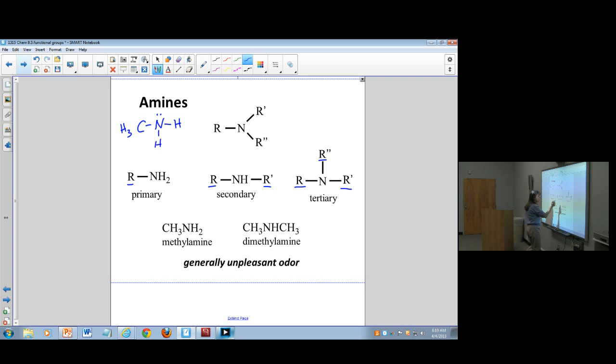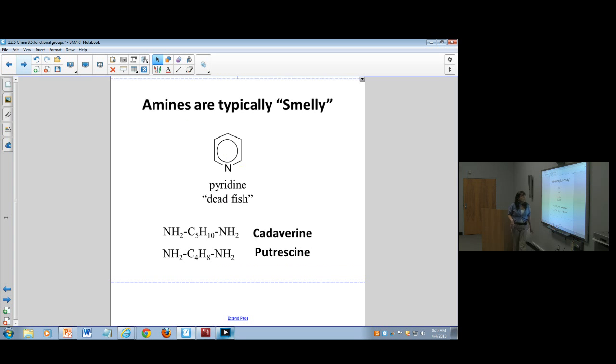In this case, let's do something like CH3NH3. Again, I have a hydrogen and 2 bonds to carbon, and then that lone pair of electrons gives me the valid Lewis structures. And they smell badly. Okay, so amines have lovely names, and get to be really interesting, like cadaverine or putrescine.